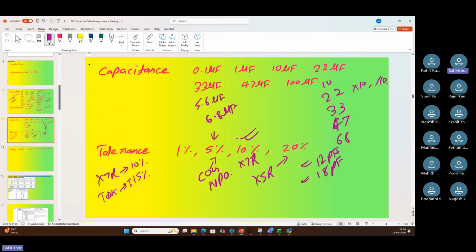If you go ahead with lower tolerance, your cost might increase. That is the only thing. And there is nothing like X7R is not having 20%, or X7R is not having 5%. X7R can have 5% also, 10% also, 20% also. It is not the material dependency. But the most commonly used values, I am telling you, 10%, 15% you can go ahead.